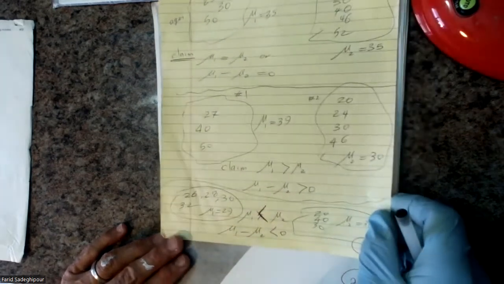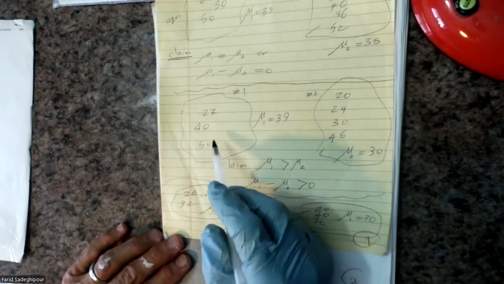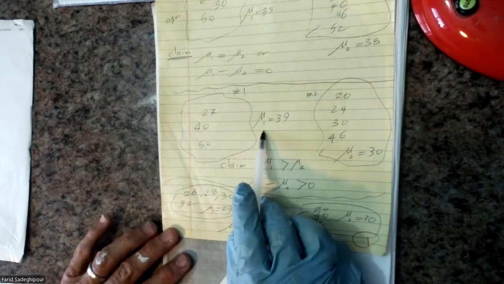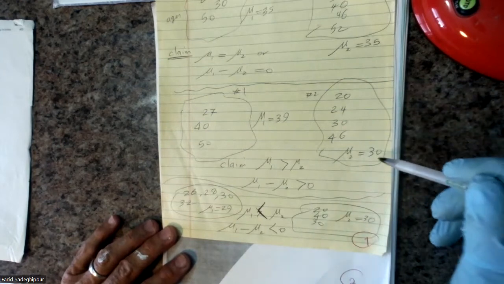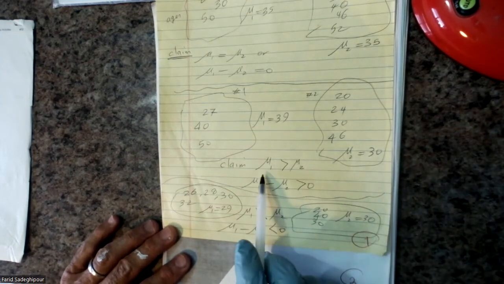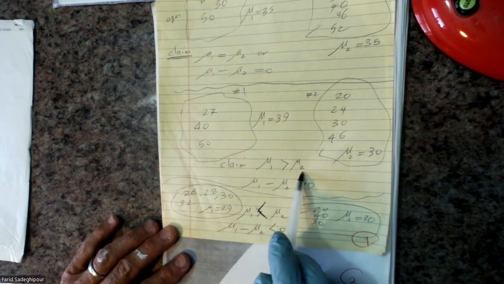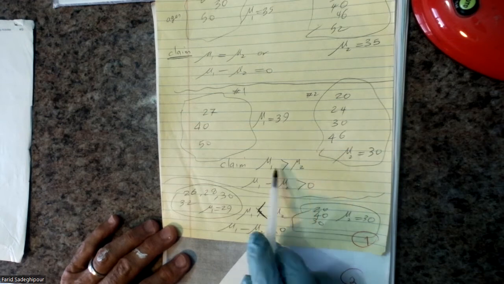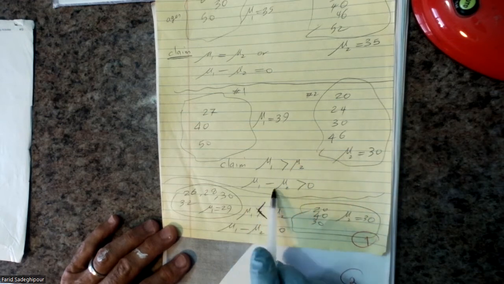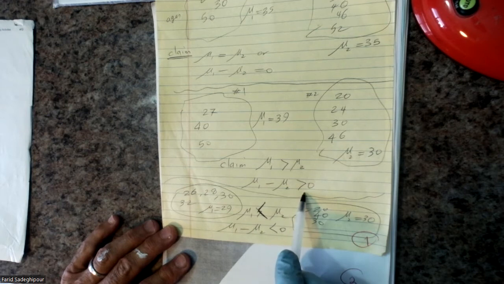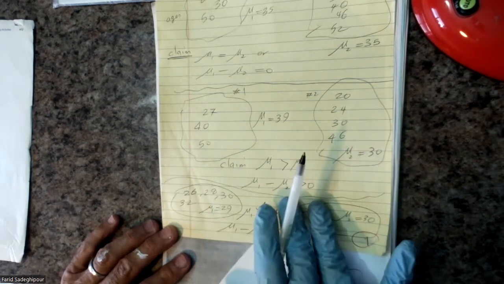Second example: let's say the mean of the first population is 39 and the mean of the second population is 30. So the mean of the first population is greater than the mean of the second population, or the difference of these two is greater than 0. This is the way we claim in this case.